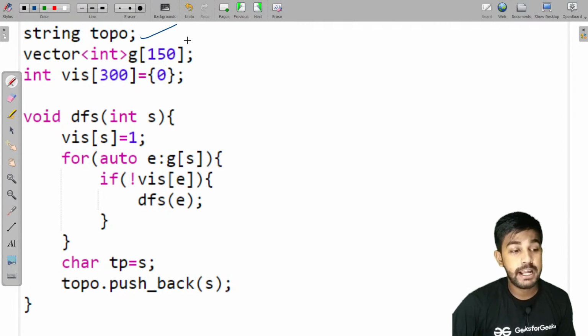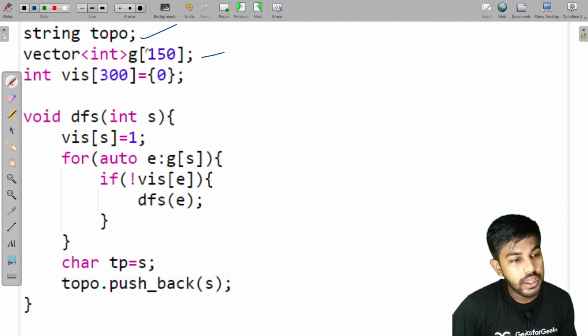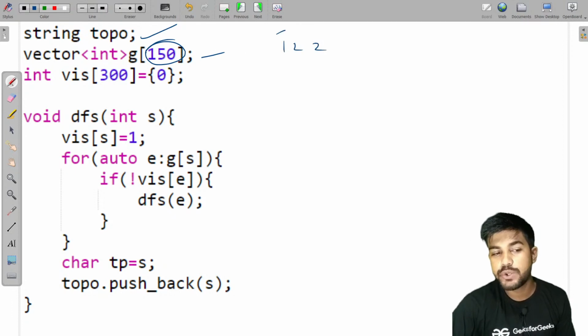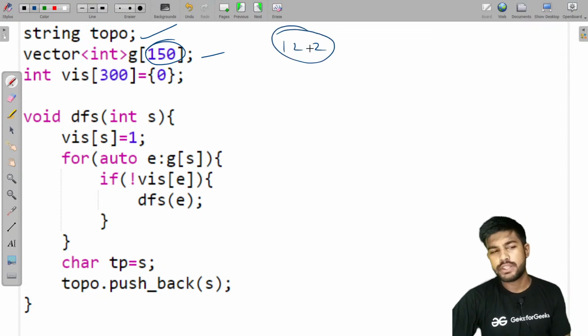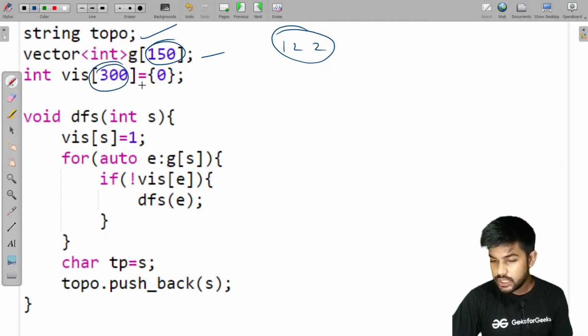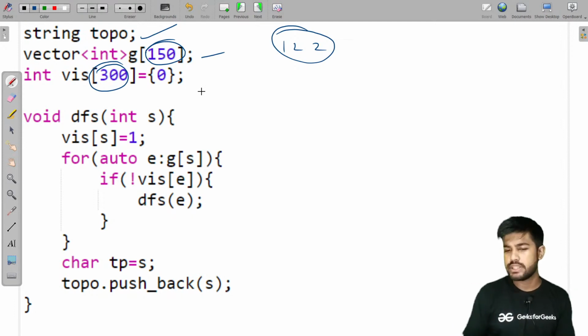I have declared a vector of int array of 150. I took 150 because it may be 122, but I took 150 to be on the safe side, and the visited array as 300. So I didn't alter anything. I took an upper bound, more than that.